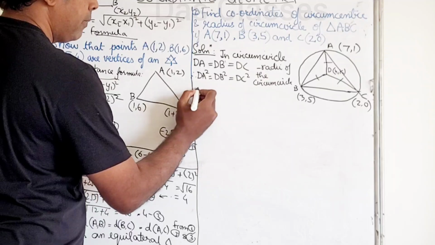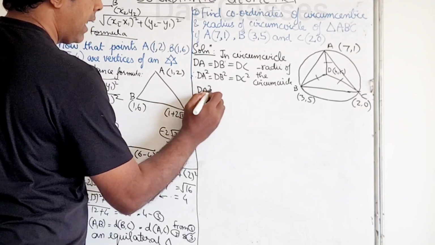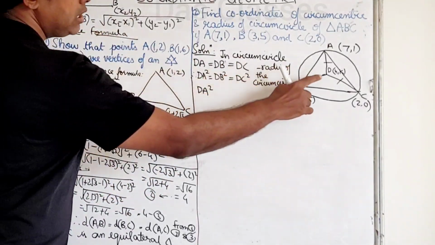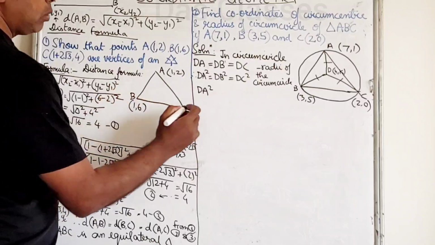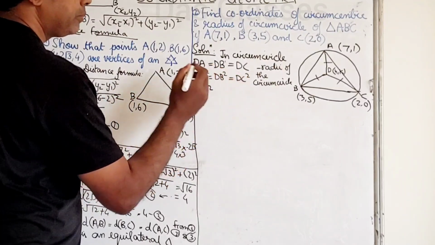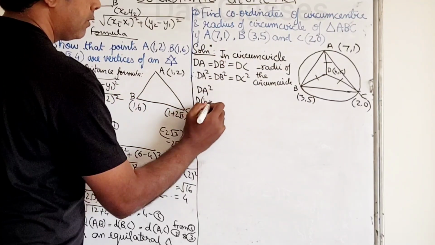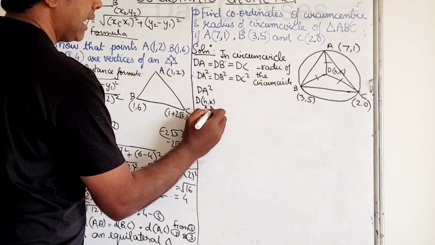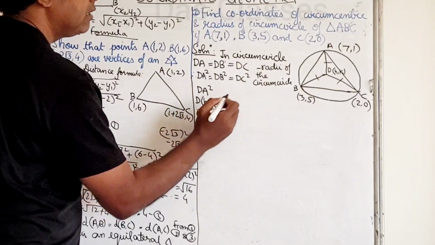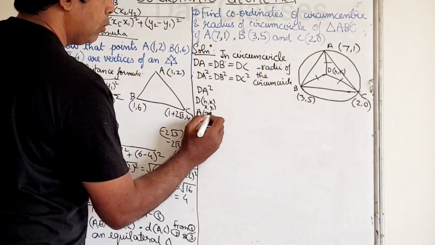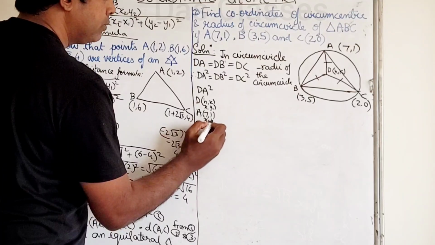First of all, we want to find DA square. Now as you see, in the distance formula, D is one point and A is one point. So our D is (H, K), let us consider it as (x1, y1), and A is given as (7, 1), as (x2, y2).